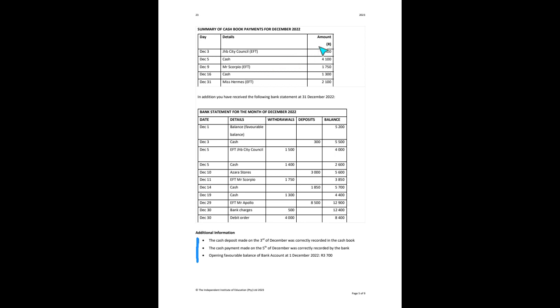So you need to add to these transactions any corrections that the business must make in their books, which will obviously be only if the business has either left something out or made a mistake. You correct it in the business's records, and then you total all of these plus the corrections to get the business's closing cash book receipts and cash book payments.